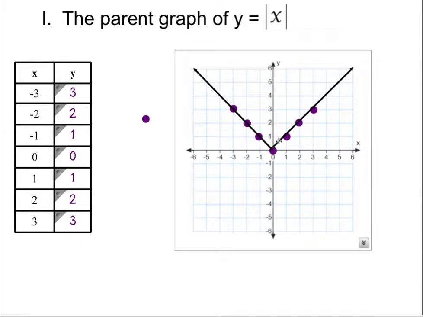That's why I was really kind of picky about the idea that it needed to be rounded at the bottom. So this is the shape of the parent graph.